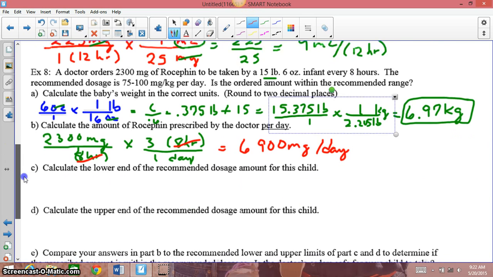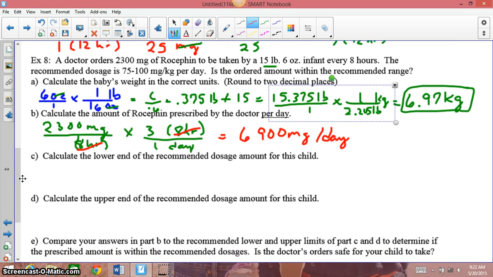So then in part C, we calculate the lower end of the recommended dosage for this child. Recommended dosage is 75 milligrams per kilogram per day for the child. So since this child weighs 6.97 kilograms, we put that over 1.